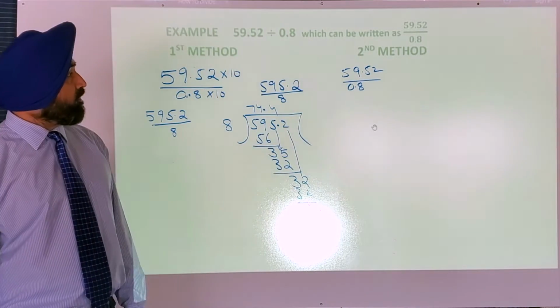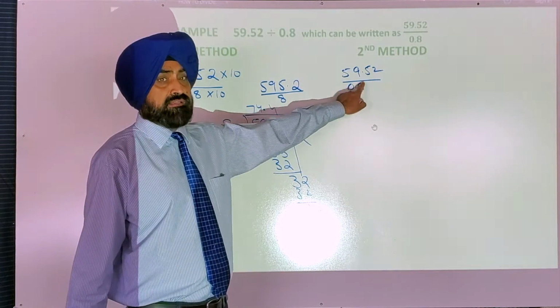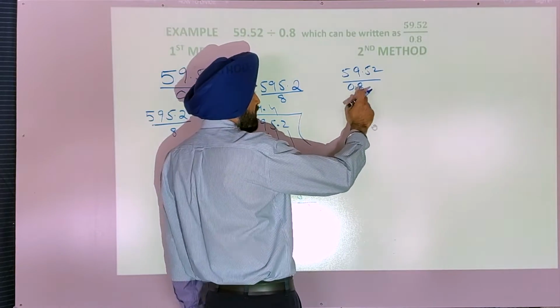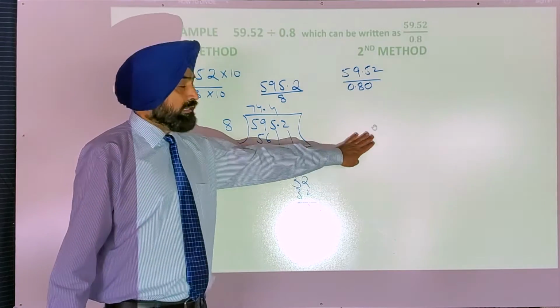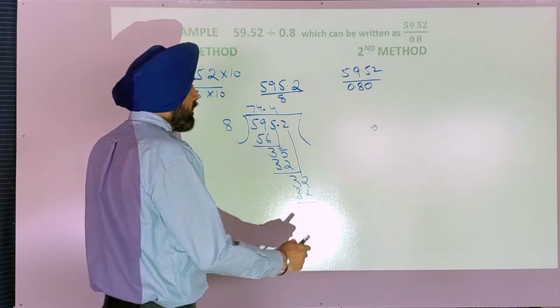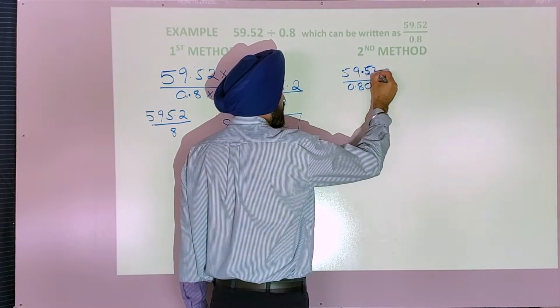There is one number after the decimal here, and two numbers after the decimal there. So I can put a 0: 0.8 or 0.80 are the same thing. Now there are two numbers after the decimal in both.